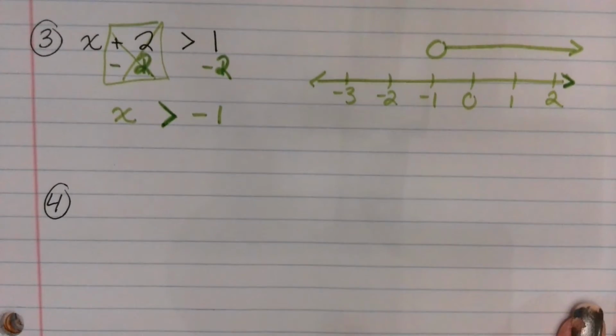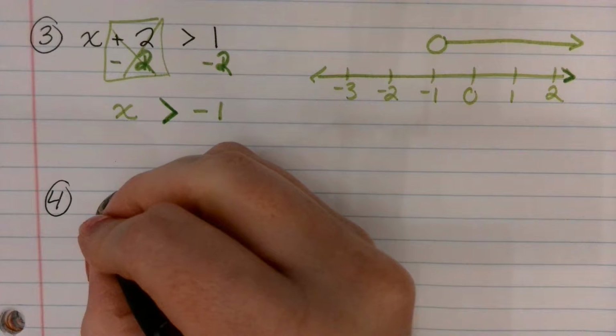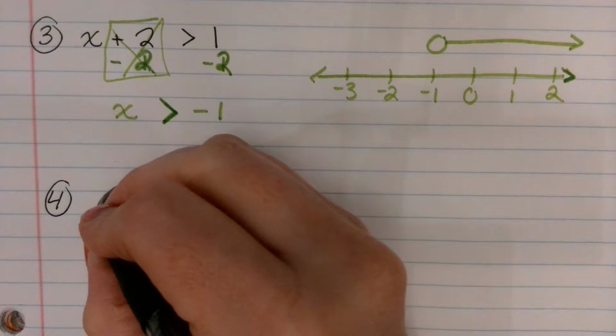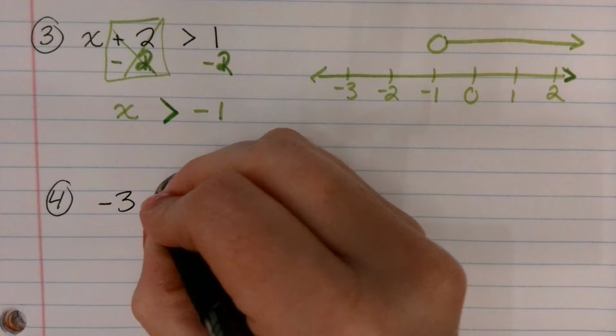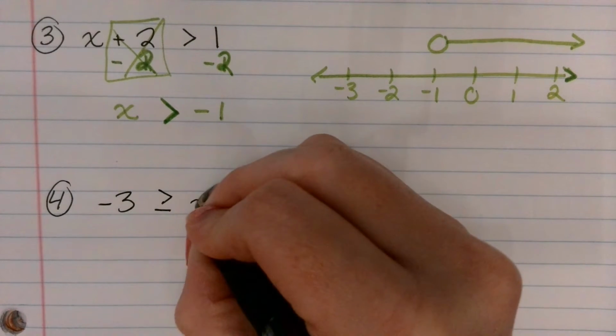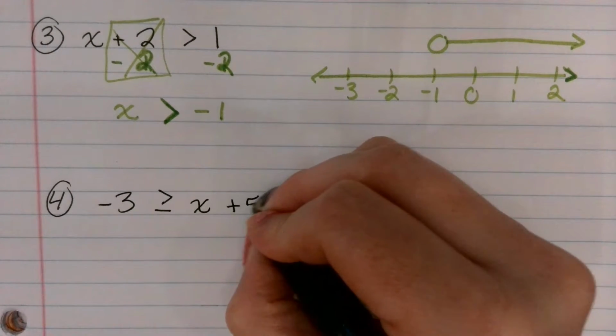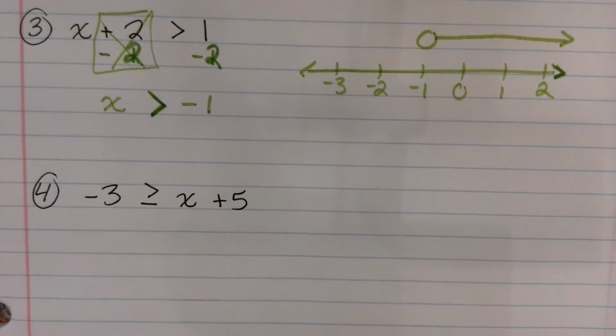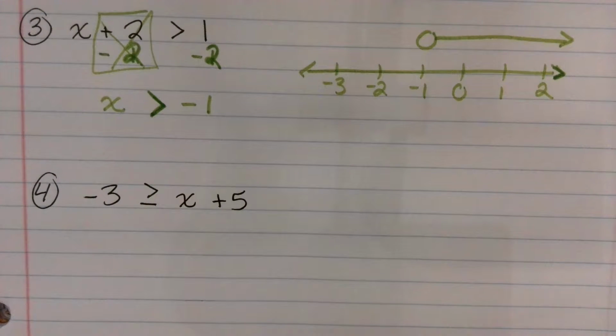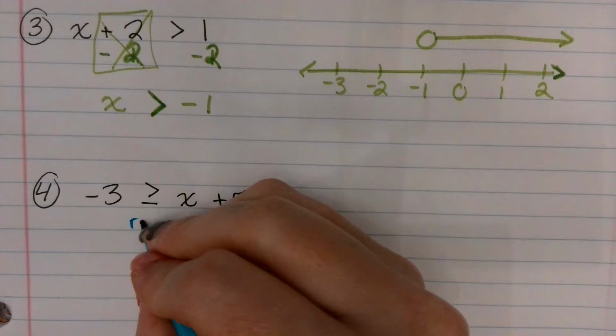Okay. Let's say we've got -3 is greater than or equal to x plus 5. -3 is greater than or equal to x plus 5. First thing that I should do, rewrite it.